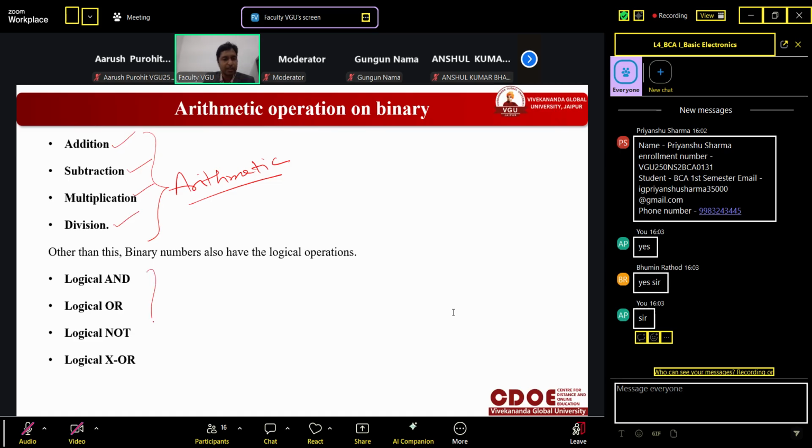And if you are given logical operations, then these are AND operation, OR operation, NOT, XOR, right? Any operation can be given, whether it is arithmetic or logical. Any doubt? Because it is a very basic thing. Okay.